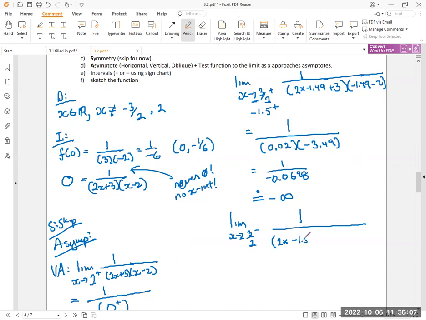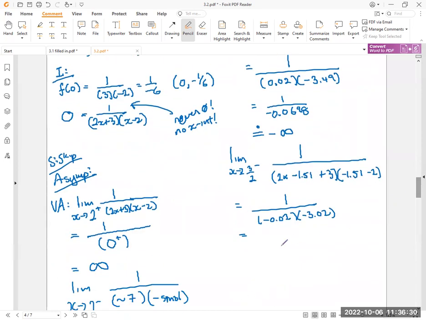So negative 1.5001, whatever, plus a 3, and then negative 1.51 minus a 2, that equals positive 0.02, and this is negative 3.02. Oh, that's what you mean, my bad. So this is going to be 1 over a positive small number, so it's going to approach positive infinity.